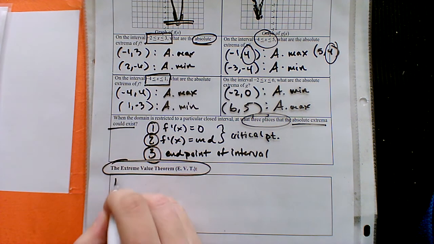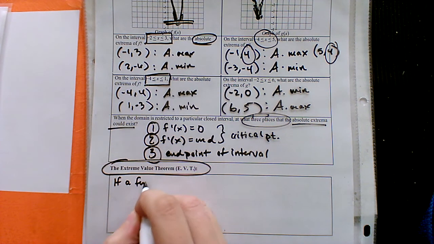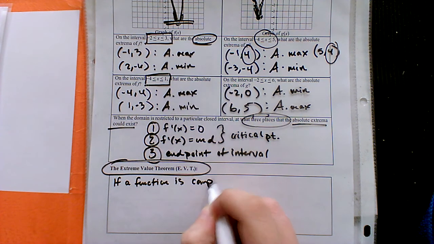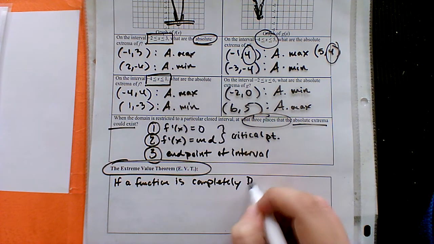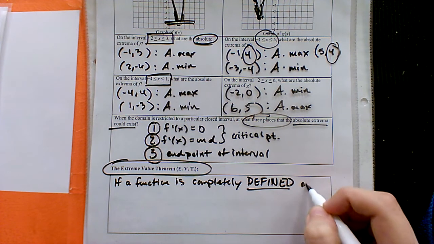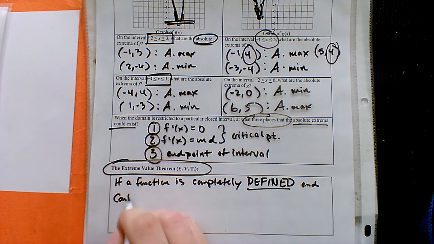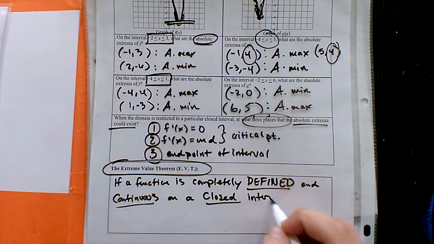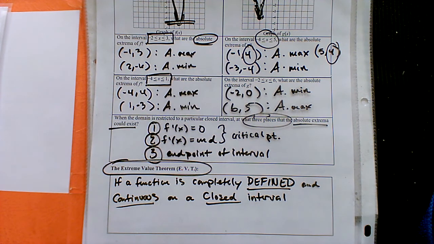So this theorem is telling us if a function is completely defined and continuous on a closed interval.